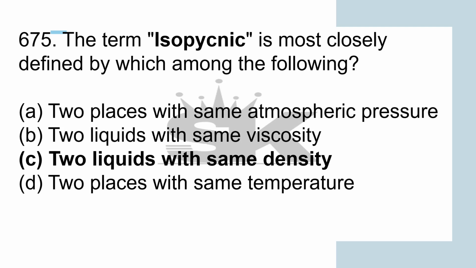In isopycnic separation, also called buoyant or equilibrium separation, particles move until their density is the same as the surrounding gradient medium.